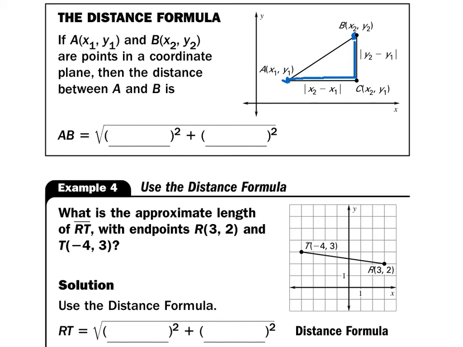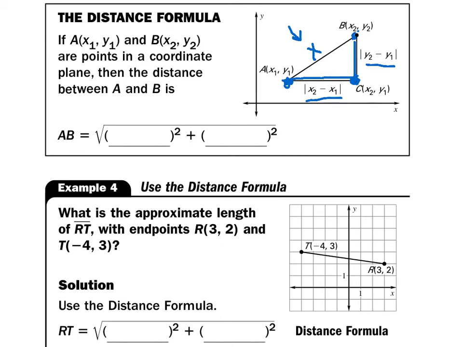And then we can use the Pythagorean theorem to find this distance right here. Now, how do we know how far it is from here to here? Well, we know that because we can subtract the x values. How do we know how tall it is? Well, we can subtract the y values. And then we add them up, take the square root, and we get this distance just as if it was a right triangle.